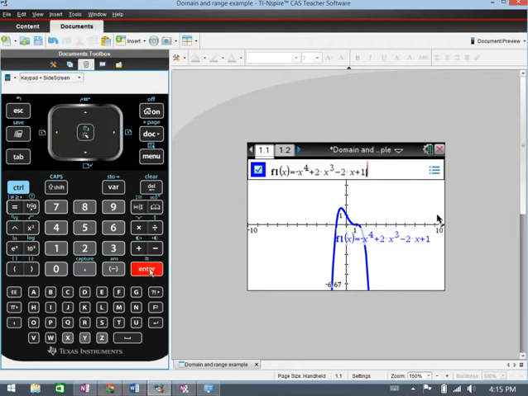And we are going from negative 2. Negative 2 is not included, so negative 2 less than x and less than or equal to 2. Press enter, and there is our graph.